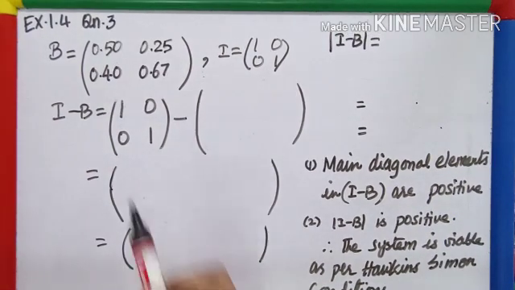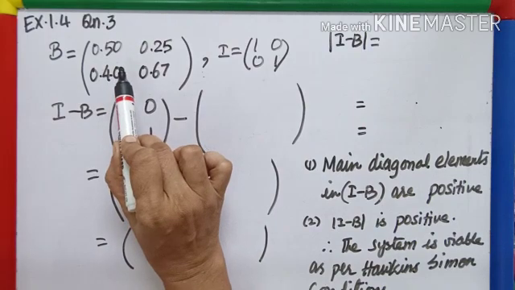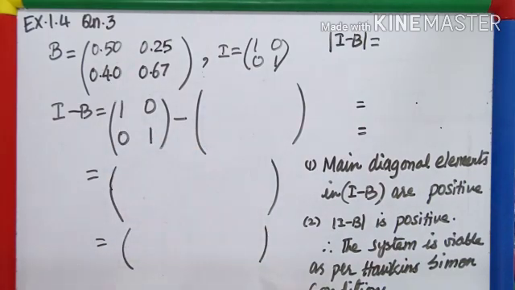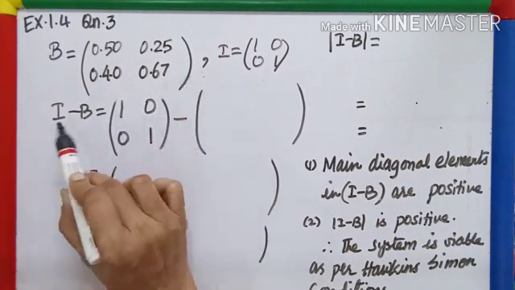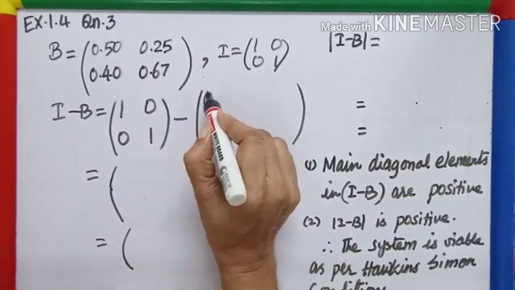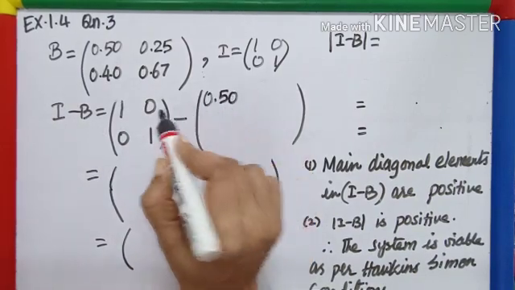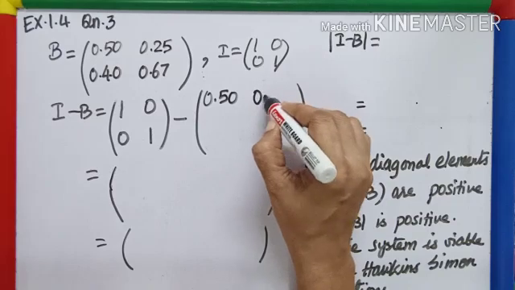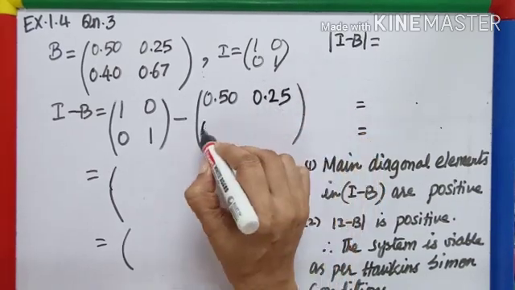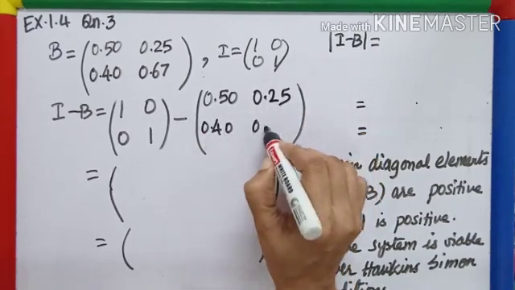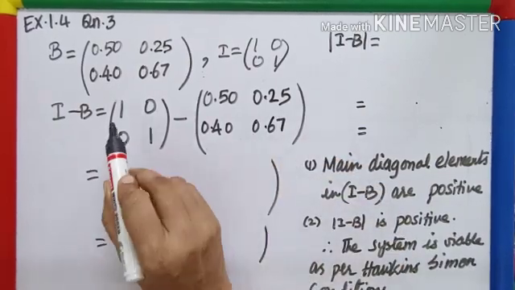Question number 3. Given the technology matrix, we are going to proceed in the same way. We need to find out I minus B. So 1001 minus 0.50, 0.25, 0.40, 0.67.